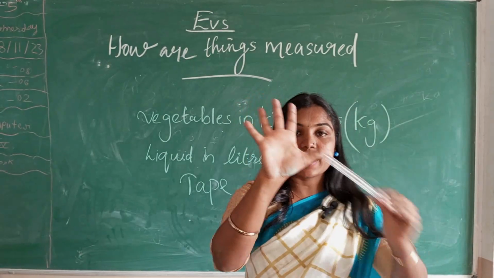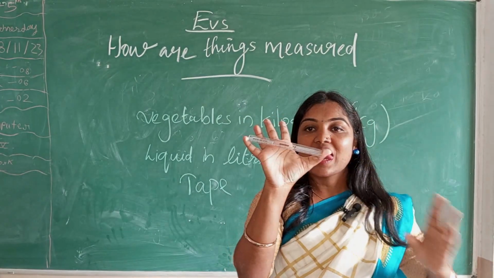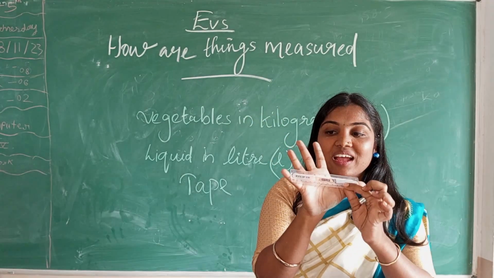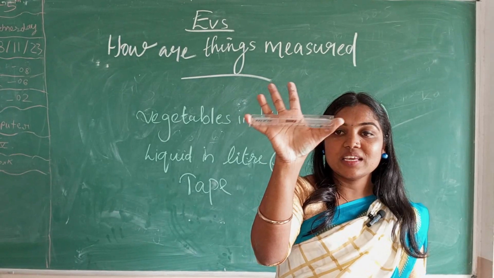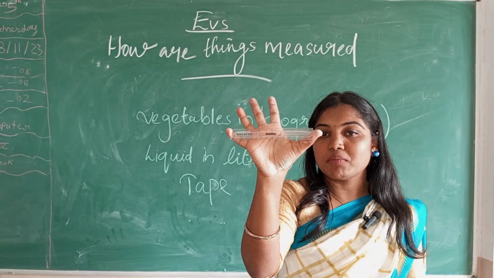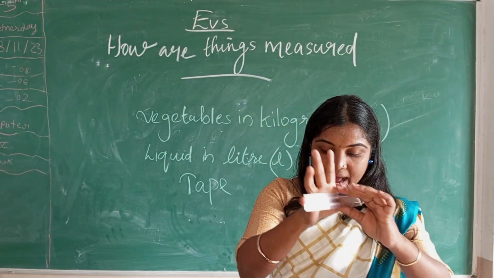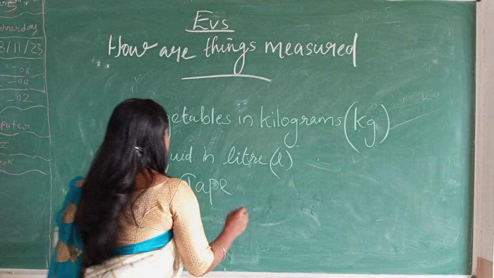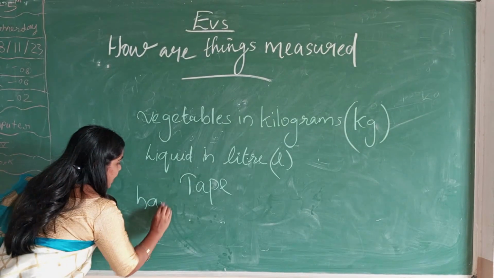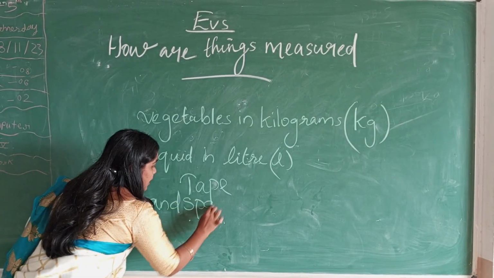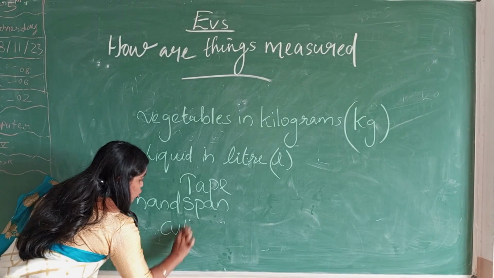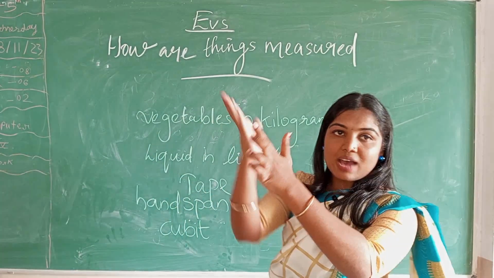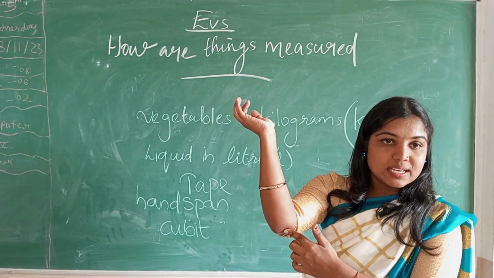Handspan. This is a line. This is the handspan measure. Like this way they used it to measure, the handspan, and they used the cubit. Handspan. Then cubit. Cubit means from here to here.